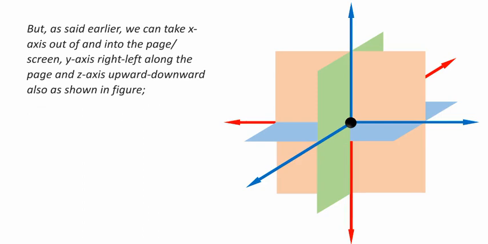But as said earlier, we can take the x-axis out of and into the page or screen, the y-axis right left along the page, and the z-axis outwards downwards also, as shown in the figure.